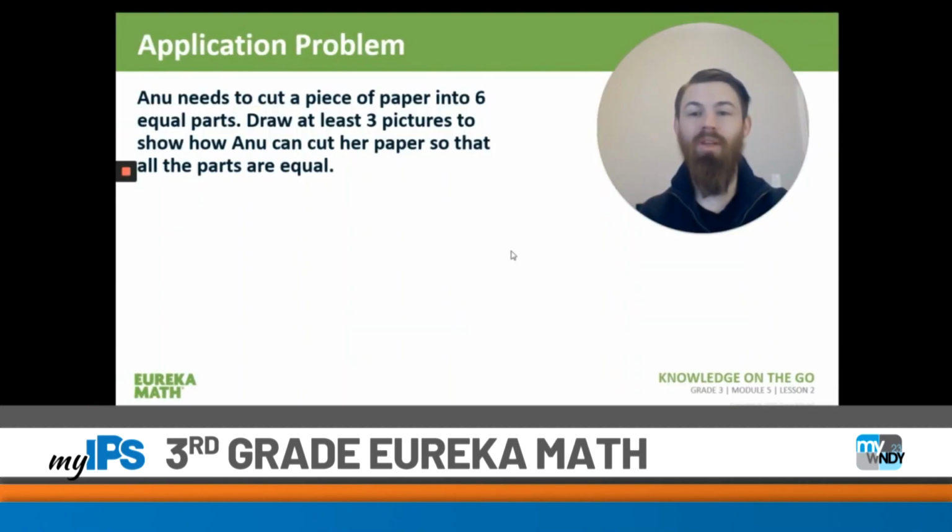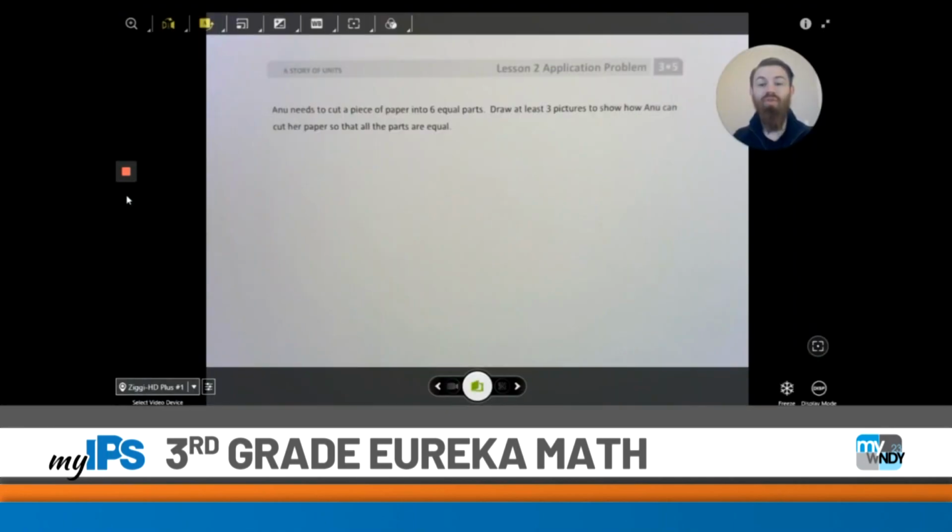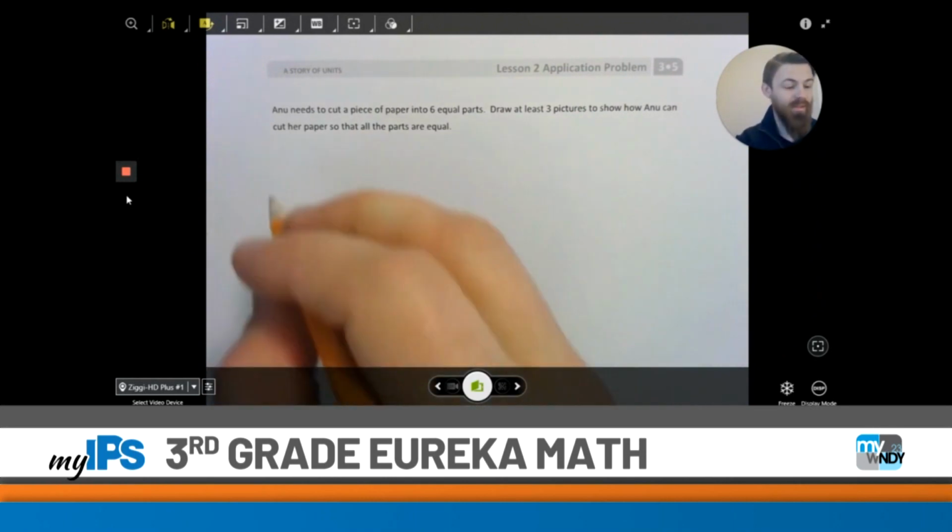All right, here's our application problem for the day. Anu needs to cut a piece of paper into 6 equal parts. Draw at least 3 pictures to show how Anu can cut her paper so that all the parts are equal. We need to draw a piece of paper. So on our piece of paper, let's go ahead and draw.